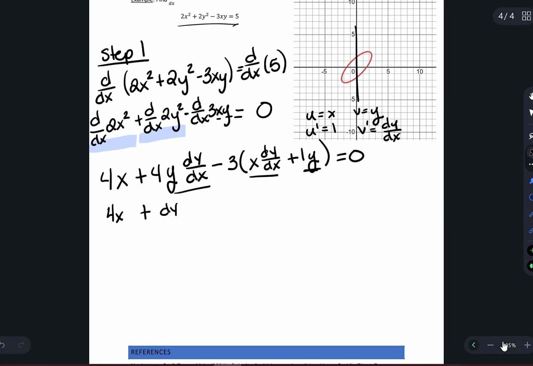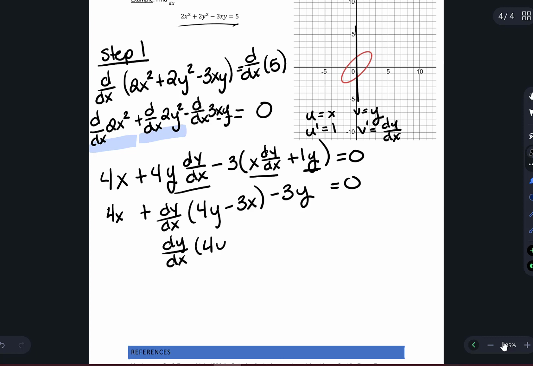So I'm going to have dy/dx times 4y minus 3x, and then that minus 3 is multiplied by the y is equal to 0. So again, I got dy/dx times 4y minus 3x is equal to 3y minus 4x.